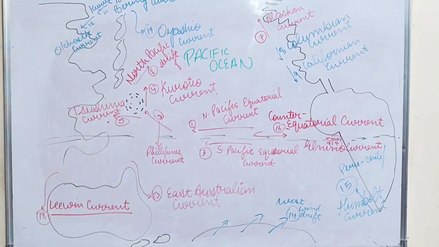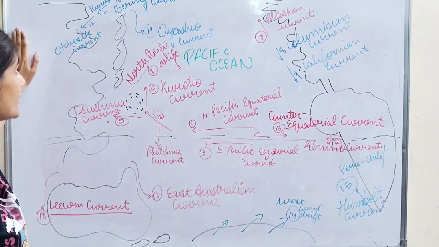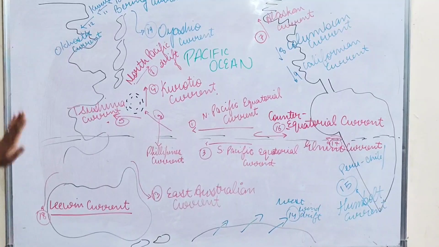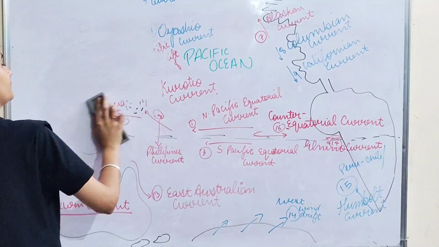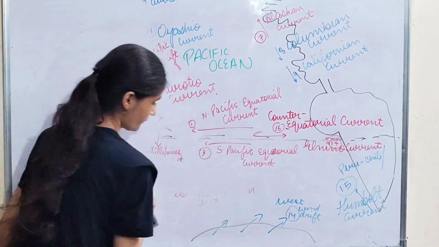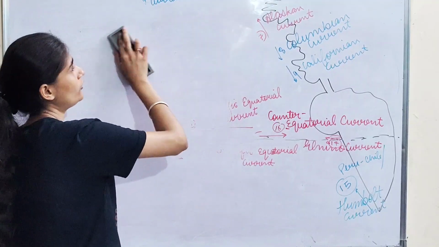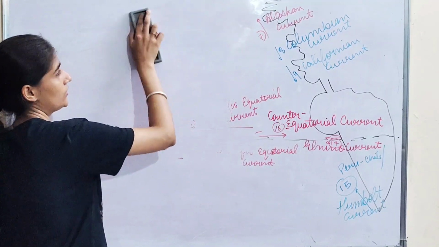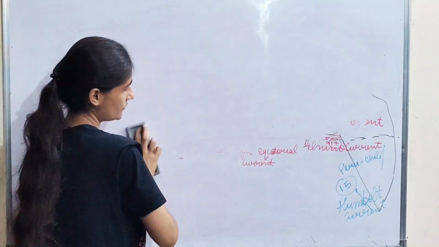Okay. So last is Indian Ocean. We'll do it now. I hope you have taken its screenshot. In Indian Ocean, we only have 7 oceanic currents we'll cover.